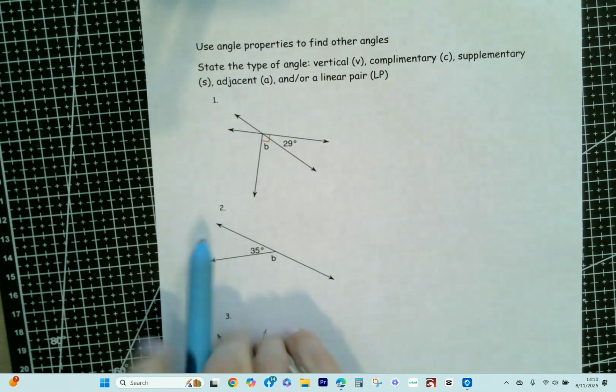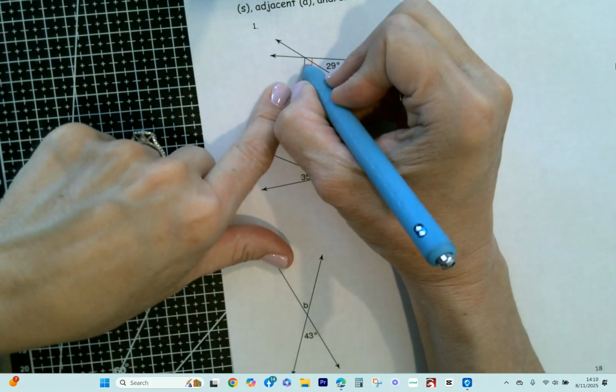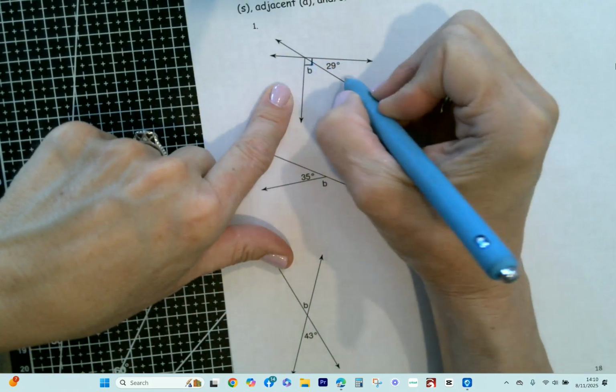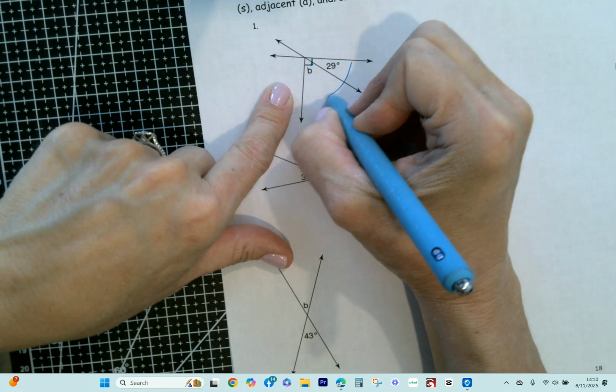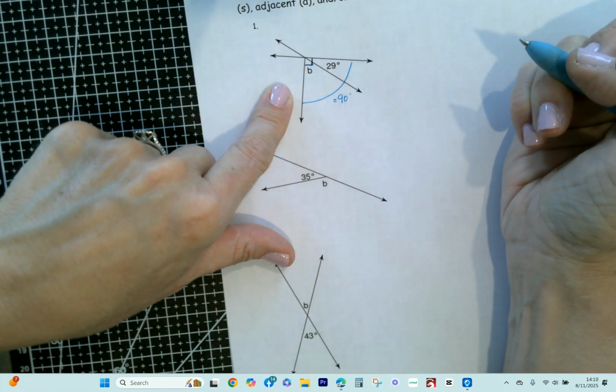Let's take a look at what we have. In this diagram, this box means that all of this is 90 degrees.